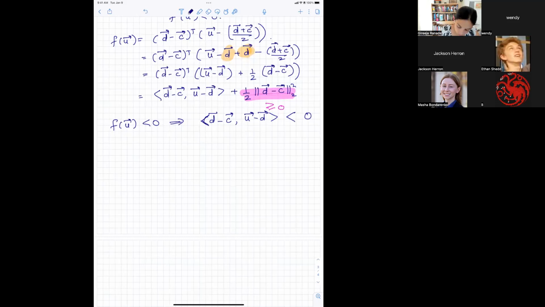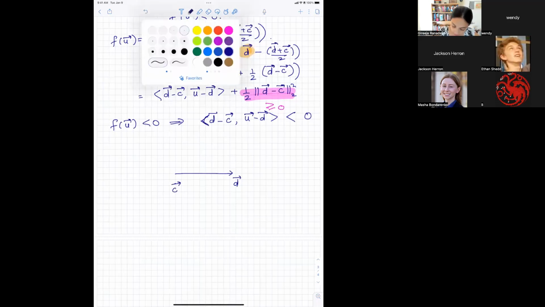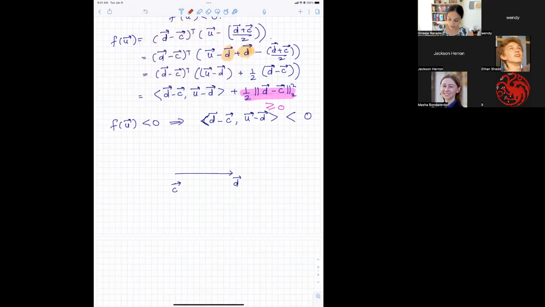Okay, so when I'm thinking about this, let me draw the vector d minus c. So this is my d, and this is my c. And I have my vector u minus d. And u minus d, I know, forms an obtuse angle with the vector d minus c.